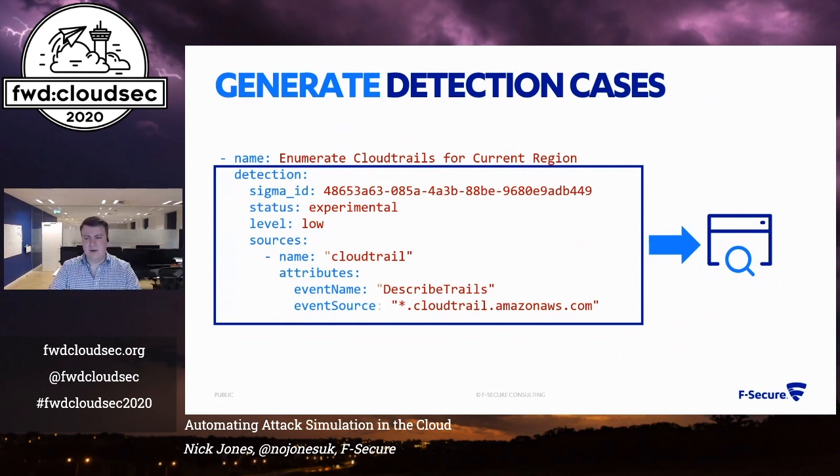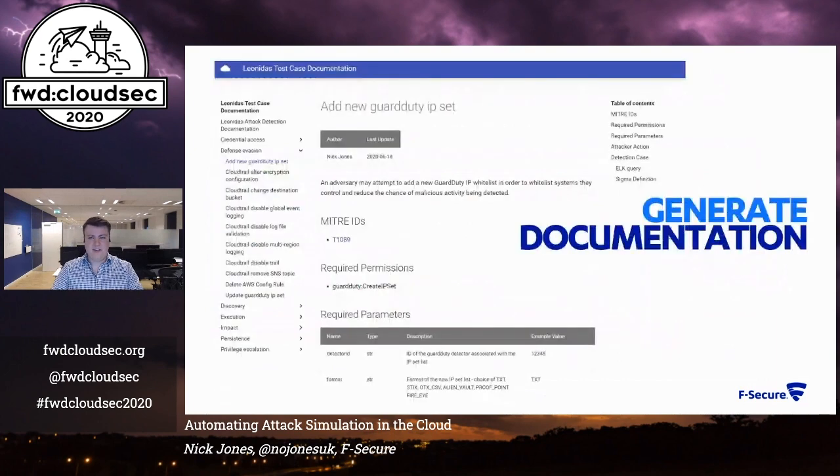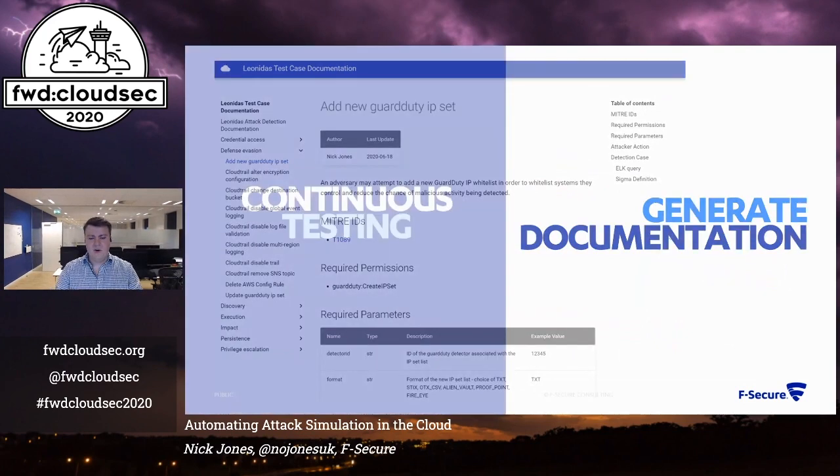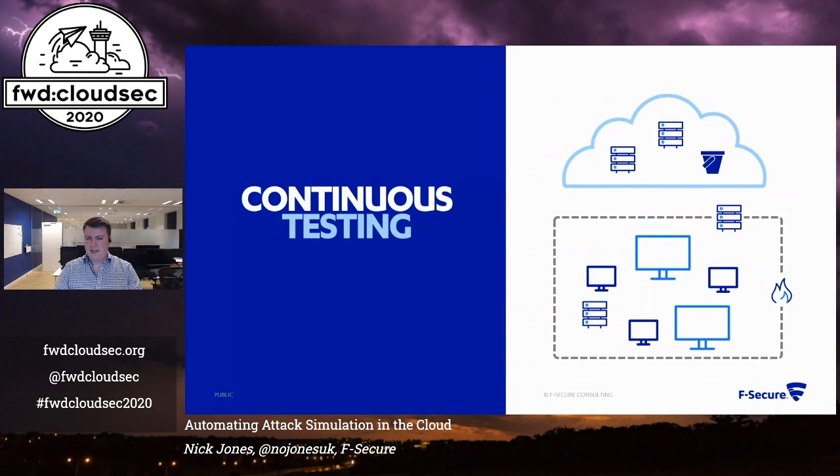So this allows us to integrate with tools that people are already using. And lastly, worth flagging, we can also go away and produce some really nice documentation off these definitions. So if you've got analysts, again, who are less familiar with this, who aren't necessarily subject matter experts, we can show them the documentation to go along with it.